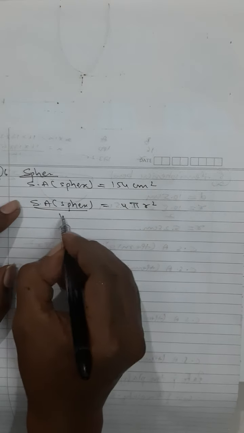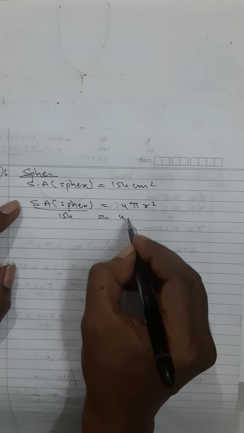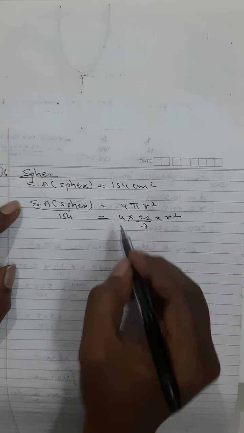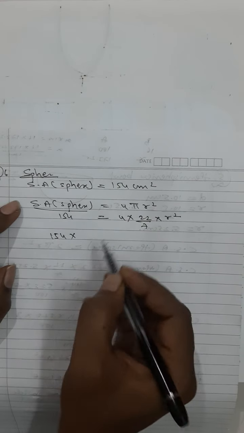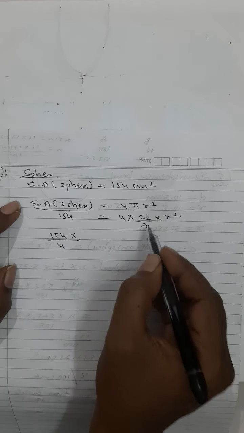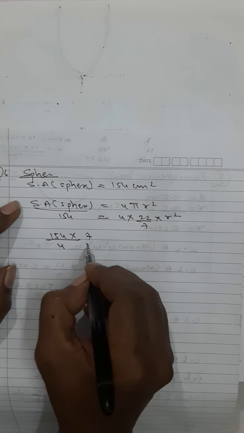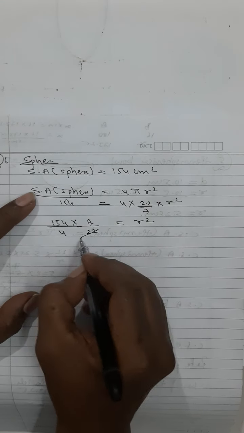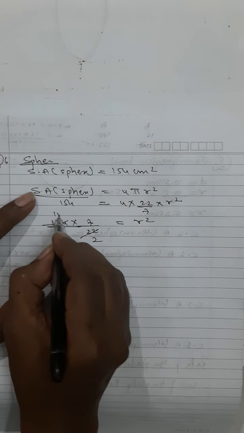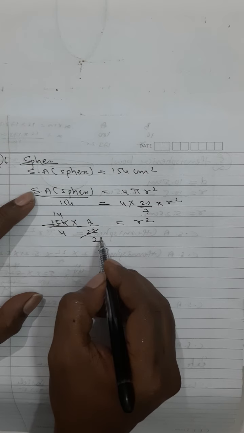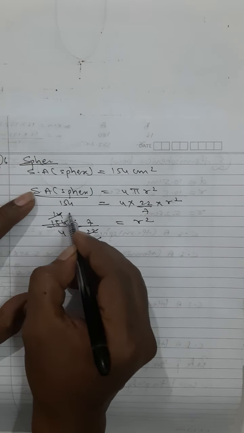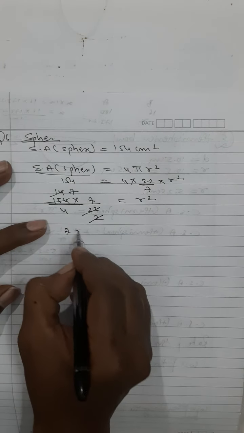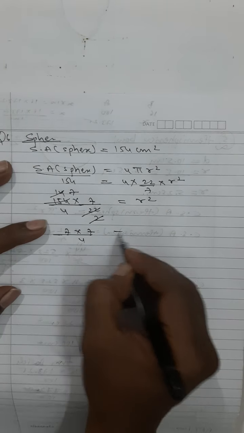So 154 is equal to 4 into 22 upon 7 into r square. So this 154, 4 will go and divide, 22 upon 7 will become 7 upon 22, it will reverse. So now we get 11 2s are 22, 11 1s are 11, 11 4s are 44, 2 7s are 14. So this has become 7 into 7 upon 4 is equal to r square.